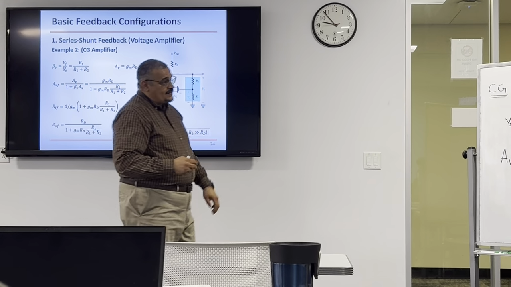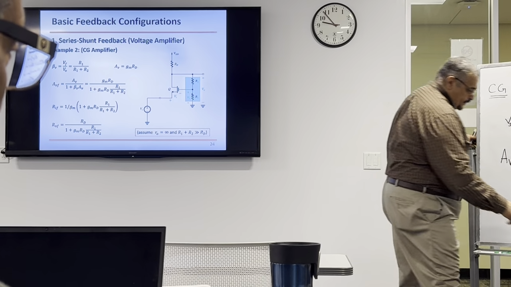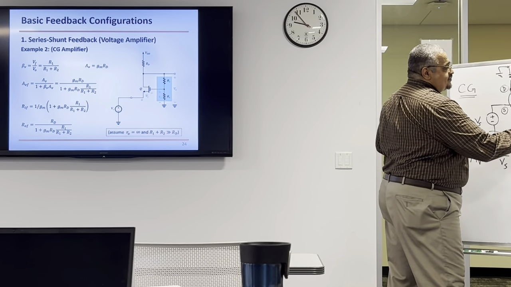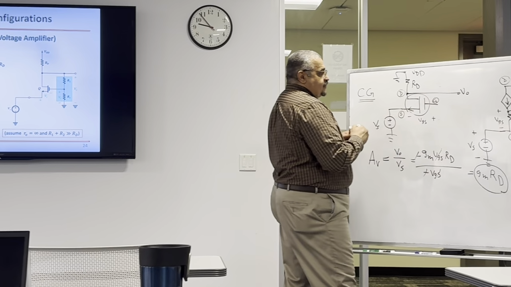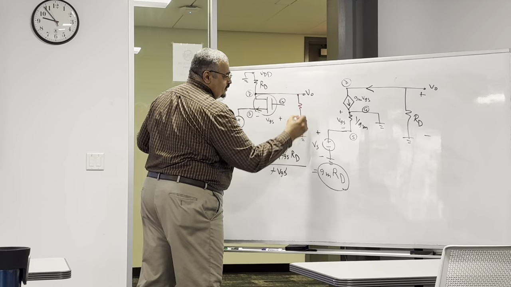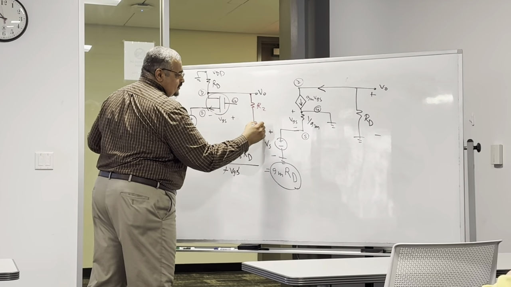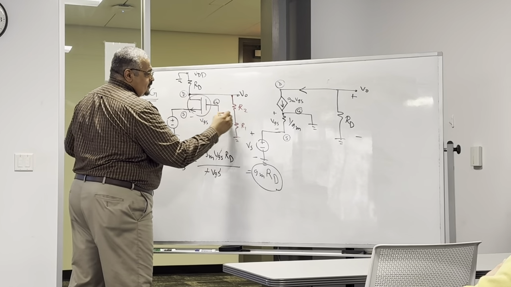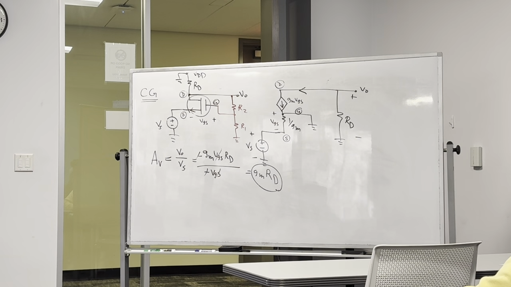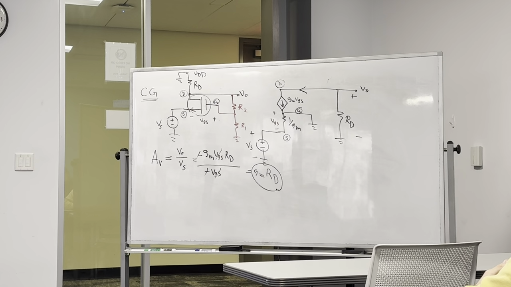To have all these advantages, we decided to remove this terminal from the ground, take a sample of the output, not the whole output. So I'm going to do a voltage divider, and then connect this back. Now the gain is going to reduce.